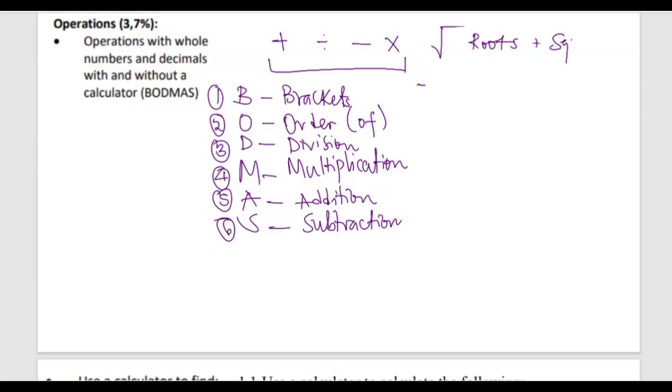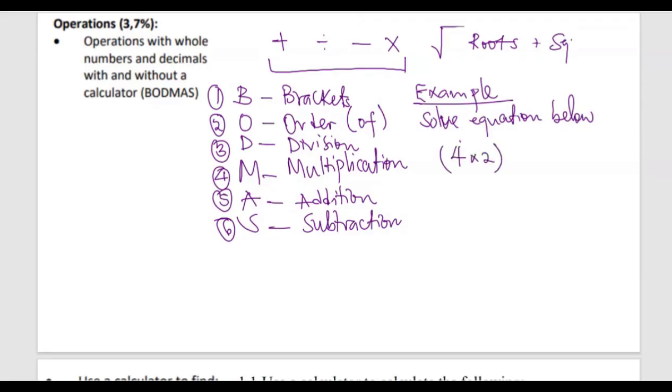For example, if you happen to be asked to solve the equation below or the problem below, it could be 4 times 2 into brackets plus square root of 9.